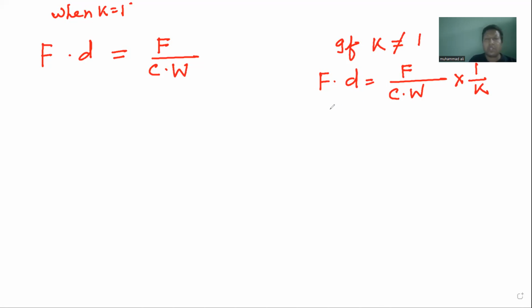But in this question we have an incomplete table and an incomplete histogram, so at first we have to find the value of k.